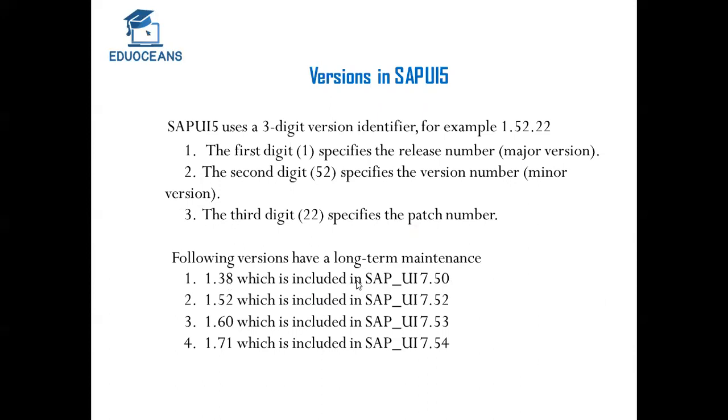Like S4 HANA, we are installing, like the other day you told me that we have to install SAP GUI 7.4 or 7.5. That is another thing, one box. So SAP_UI is installed. Does that mean SAP Fiori is installed in another box, or is it added to that S4 HANA?